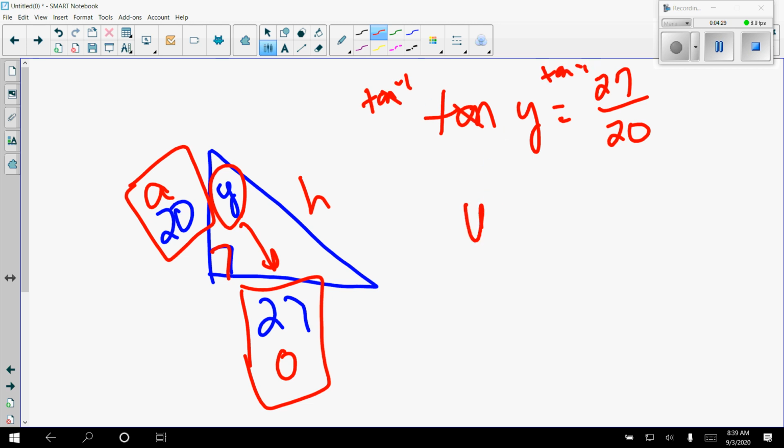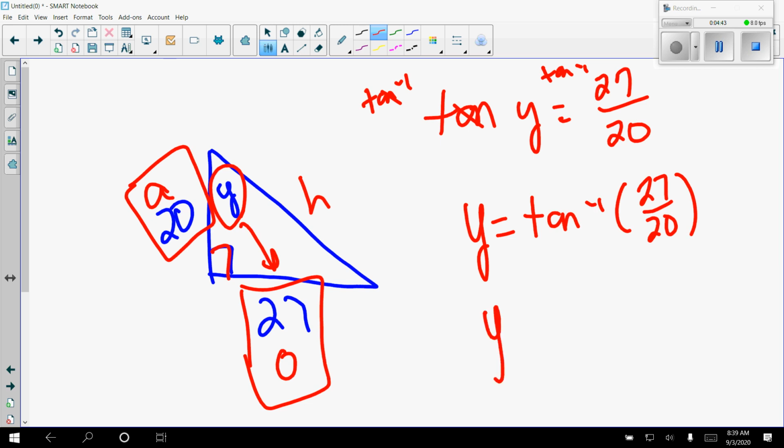They'll cancel out, so basically y is going to equal whatever the tan inverse of 27 over 20 is. So I go to my calculator, I hit second tangent, 27 divided by 20, and I get 53.5 degrees. So that would be my answer. So really the same setup, just getting used to using inverse trig ratios.